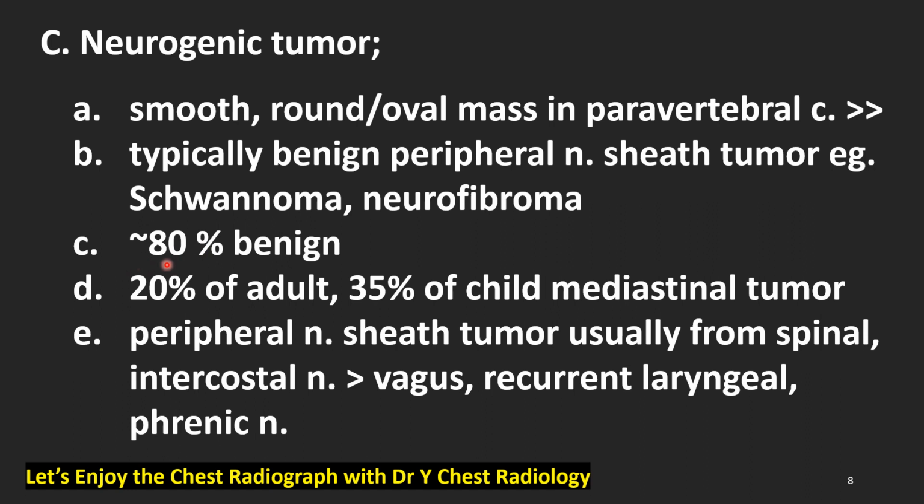C. Up to 80% are benign in nature. D. 20% of adult and 35% of child mediastinal tumors are neurogenic tumors. E. Peripheral nerve sheath tumors usually arise from spinal and intercostal nerves, and in small amounts from the vagus, recurrent laryngeal, and phrenic nerves.